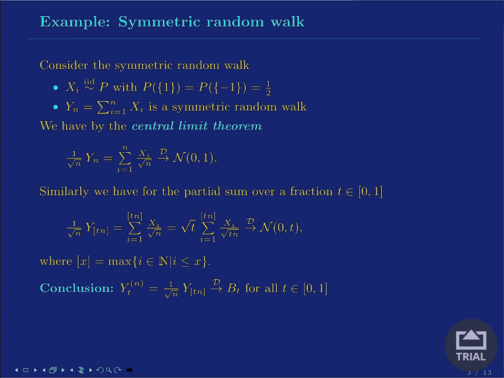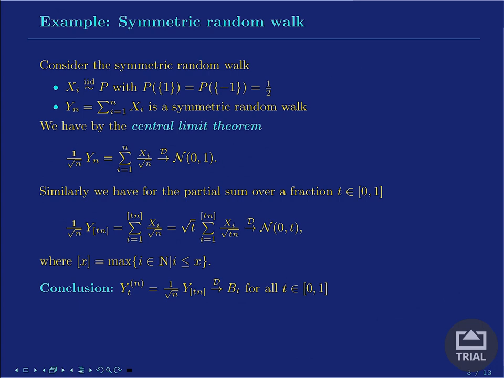So it follows that since this is the marginal distribution of the Brownian motion at time point t, our process Ytn, which is the random walk at time square brackets tn divided by square root n, converges at all time points to the corresponding Brownian motion at that time point.